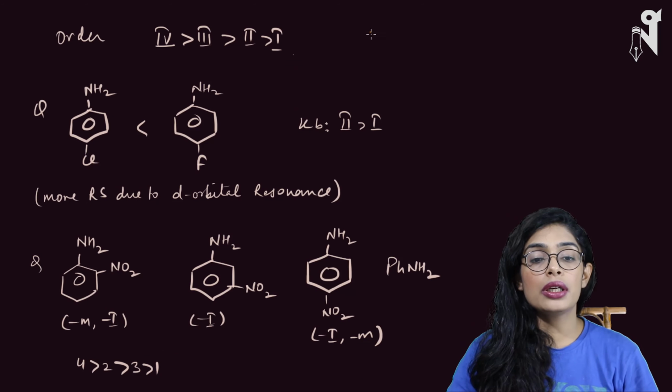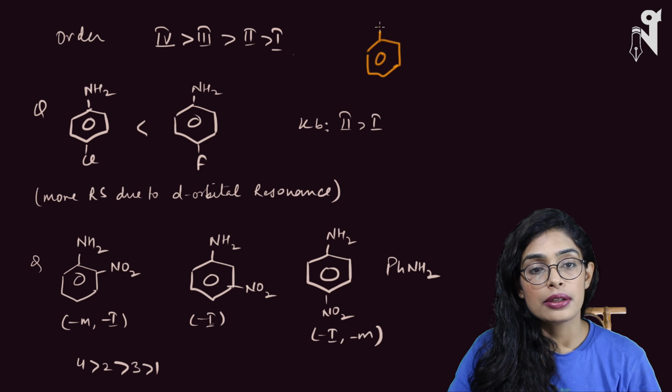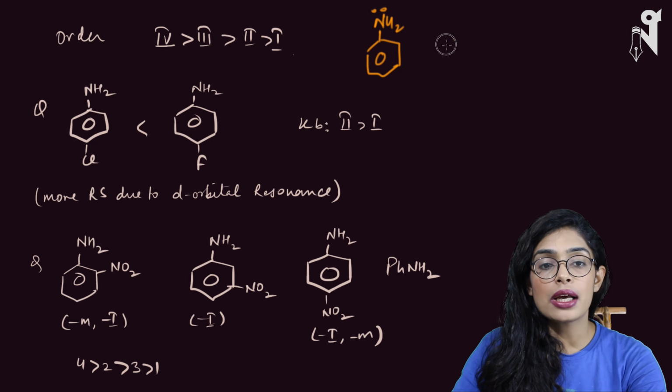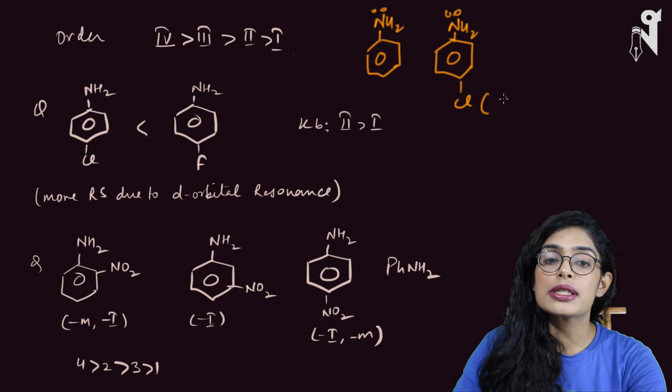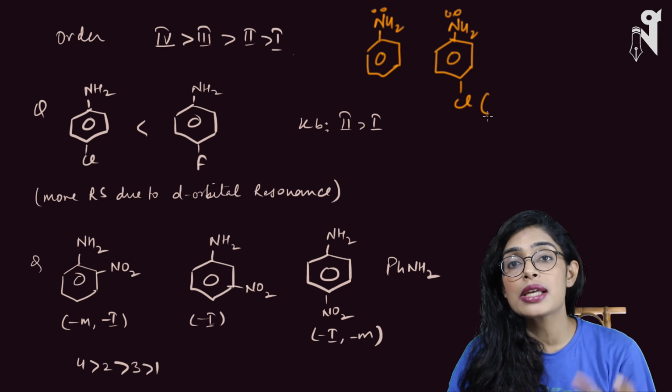The order is gonna be aniline, that is normal aniline is the most basic one because no electron withdrawing group is present. Then comes your aniline with chlorine on the para position. Why? Because it is showing inductive effect as withdrawing, but it has resonance effect as donating.